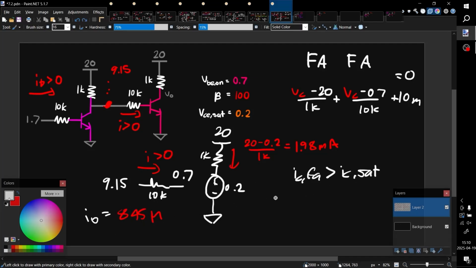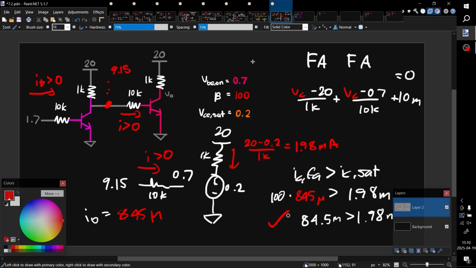Let's scale this by 100. 100 times 845 micro is 84.5 mA, which is greater than 1.98 mA. So this is correct. That means that this is saturated.